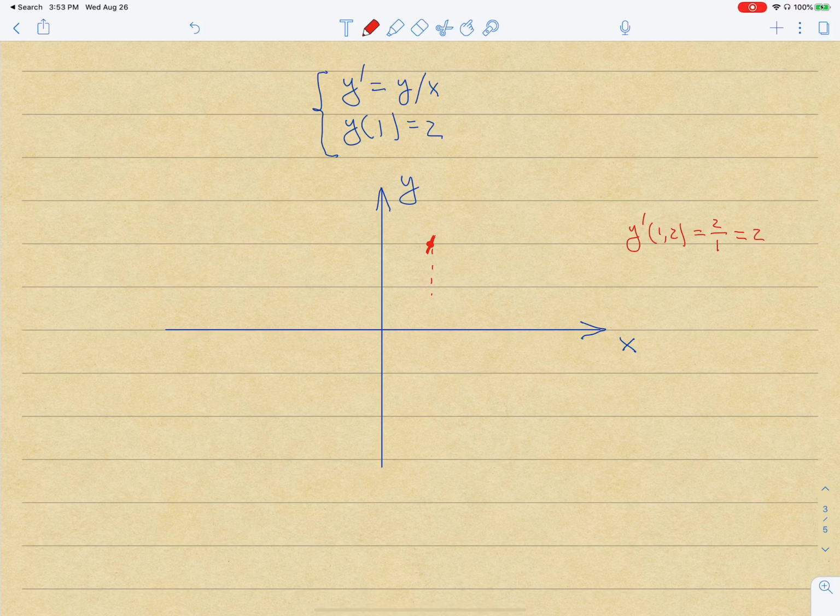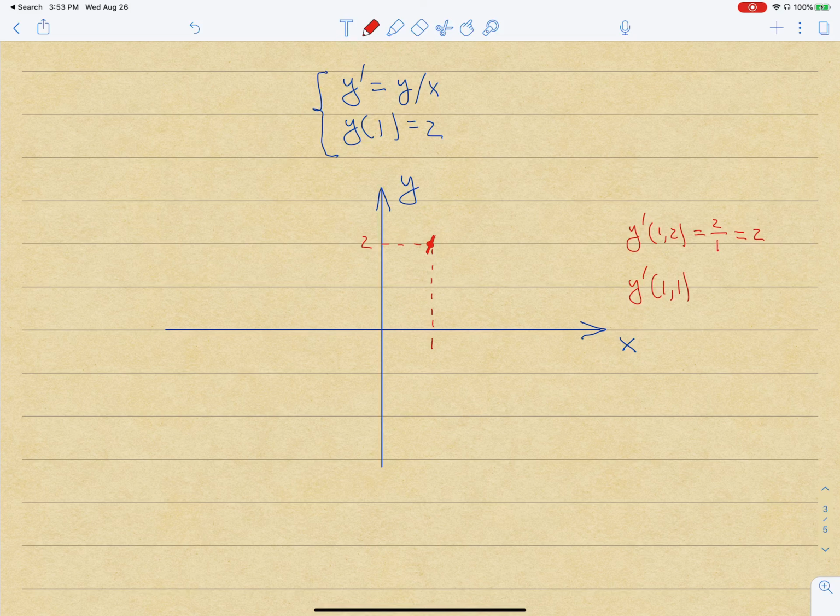Okay, but then what do I do with the rest of the curve? Can I reconstruct more of it and not just a single small piece? Well, let's just play some random game for a moment. Let's say I want to find the slope at a point, maybe 1, 1.